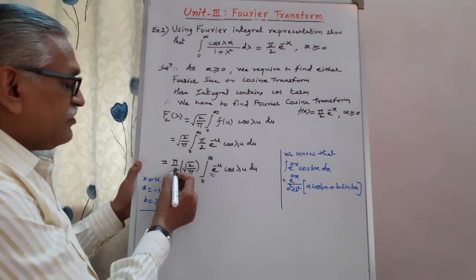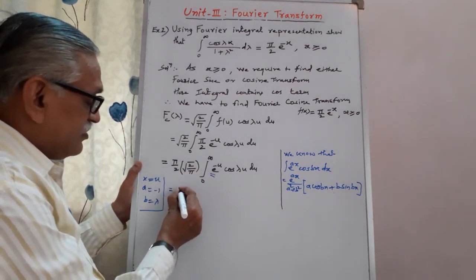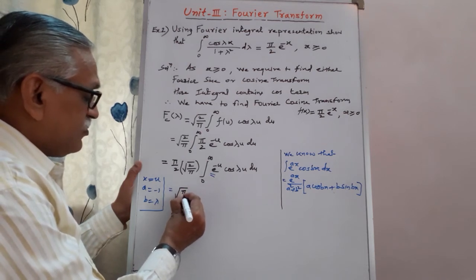Root pi by 2 into root pi by 2 cancel with 1, remaining is root of pi by 2.